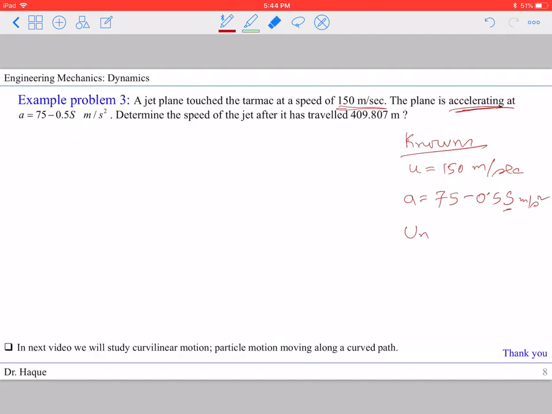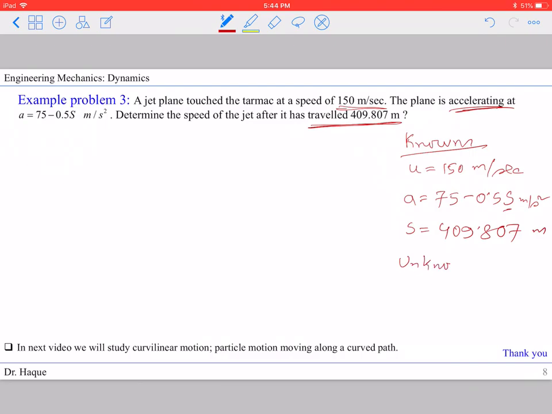Before unknowns, we have another known: the distance traveled s is 409.807 meter.